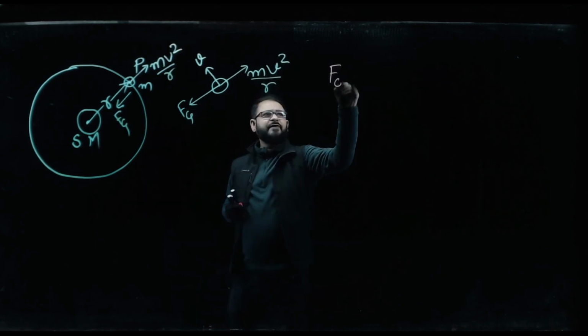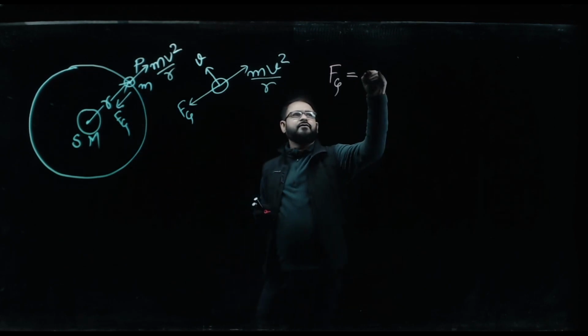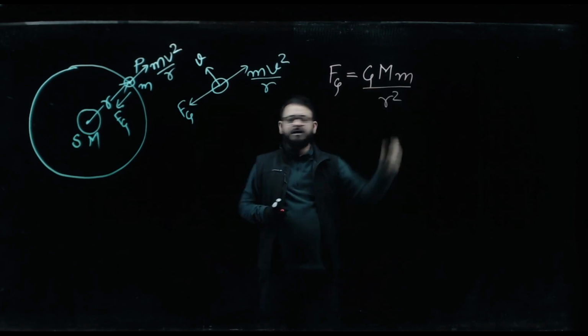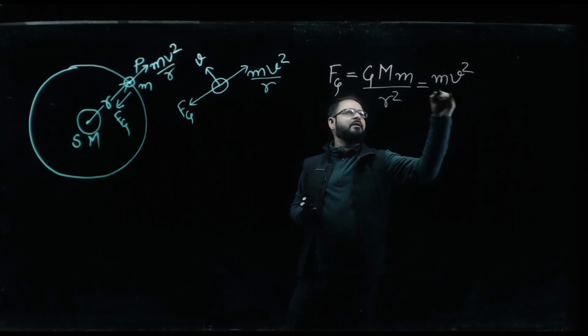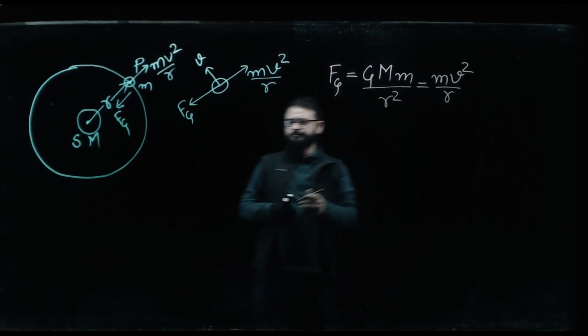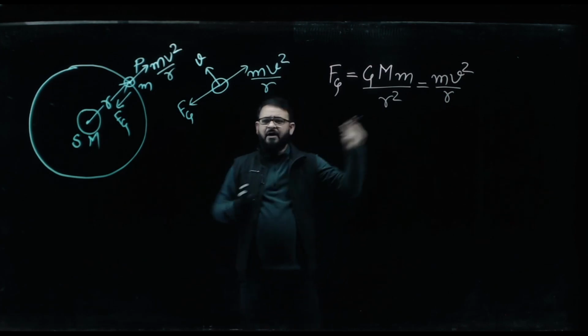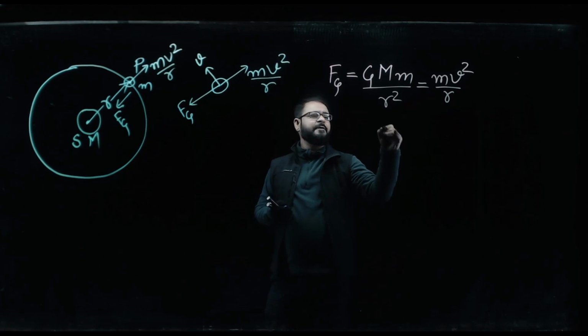The force of gravity that is attracting this planet towards the star is GMm by r square. Now this is equal to mv square by r.